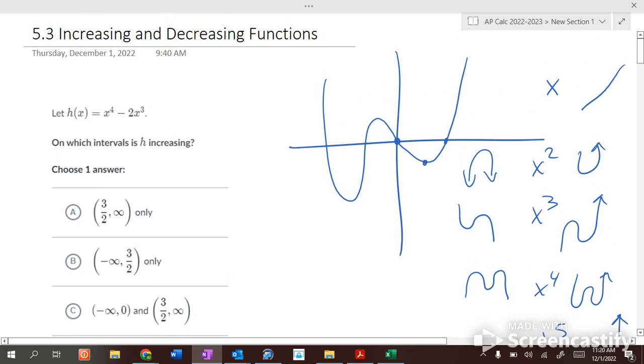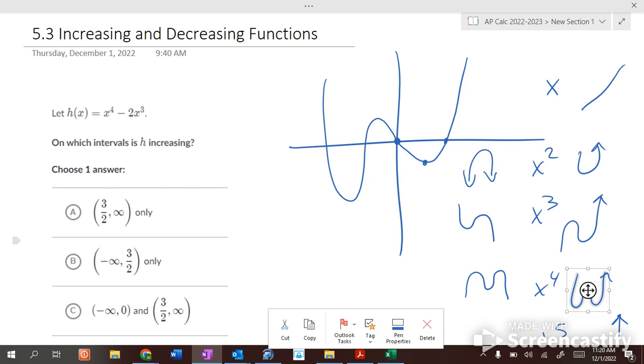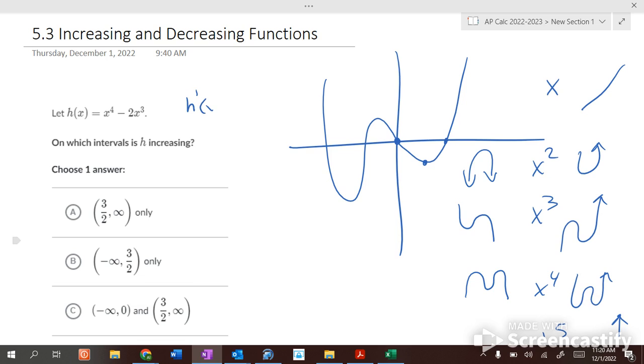We want to find out where things are increasing or decreasing. Instead of actually graphing them out, we can use a little calculus to figure it out. Let's take the first derivative of it. What's the first derivative?